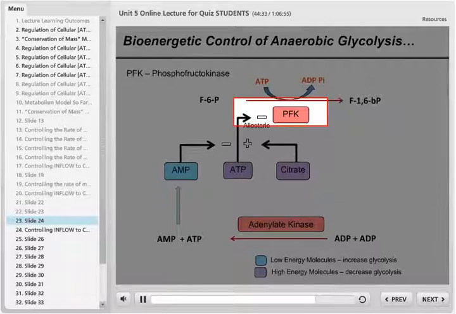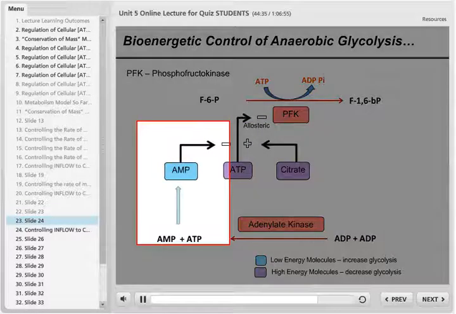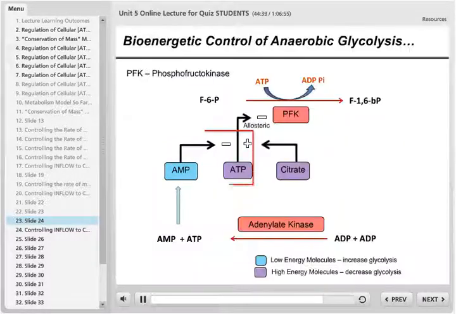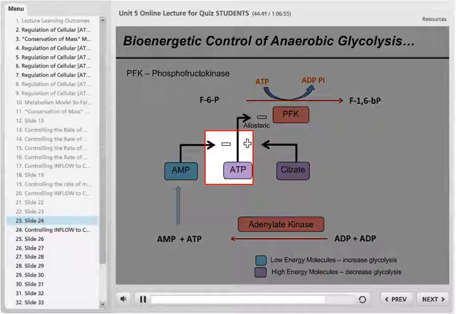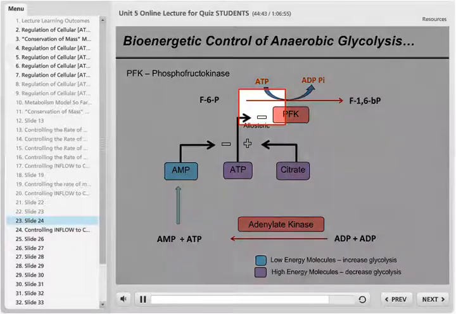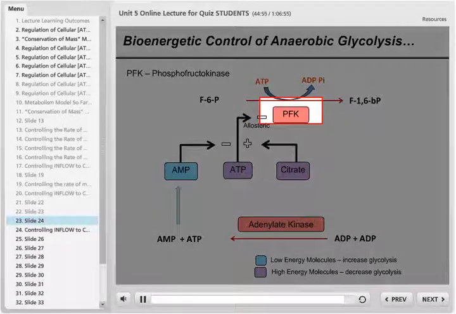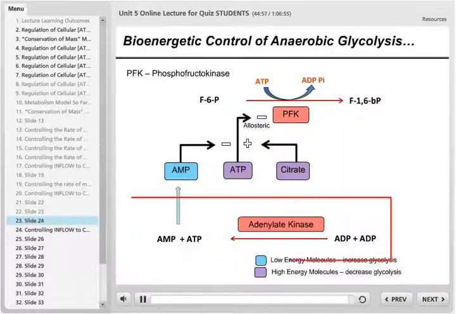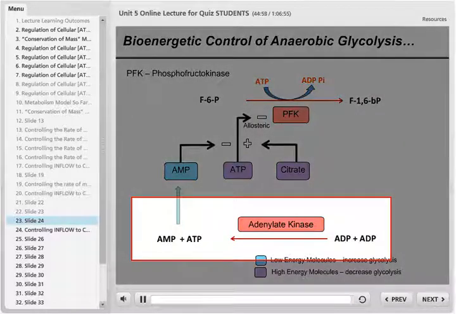On the other side, we have our low energy molecule AMP, and the way AMP works is to inhibit ATP's ability to inhibit the enzyme. In other words, AMP will result in an increase in PFK activity. And remember again where AMP comes from.